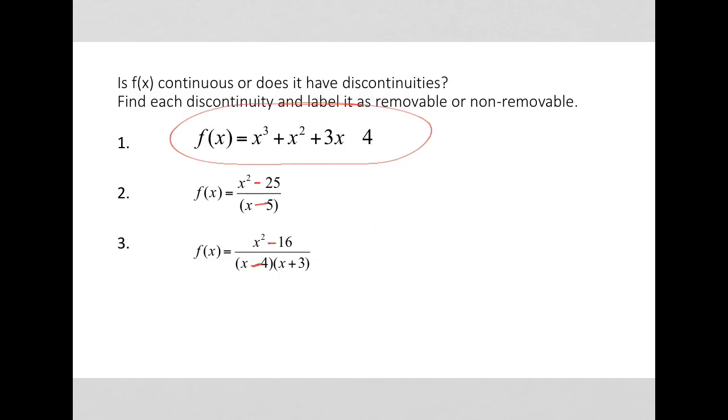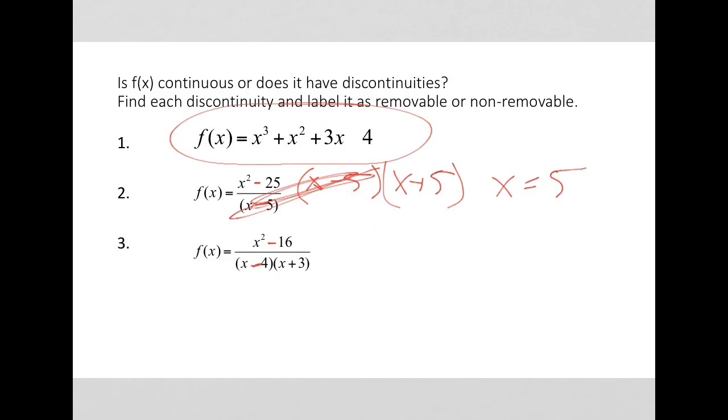Number 2, notice we have a difference of squares in the numerator, which is going to factor as x minus 5, x plus 5, and so we're going to get a hole there, a removable discontinuity at x equals 5. And remember, a factor in the numerator will tell you your zeros, so that x plus 5 gives us a 0. It doesn't tell us anything else.